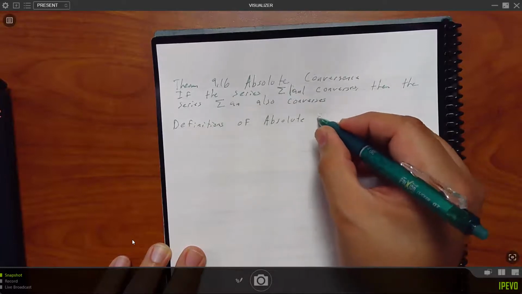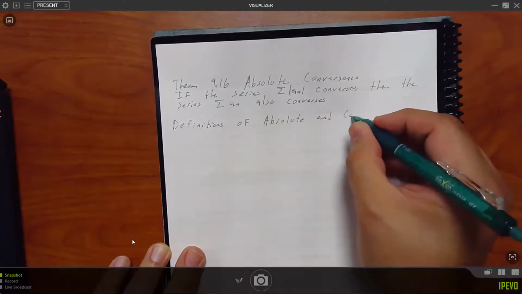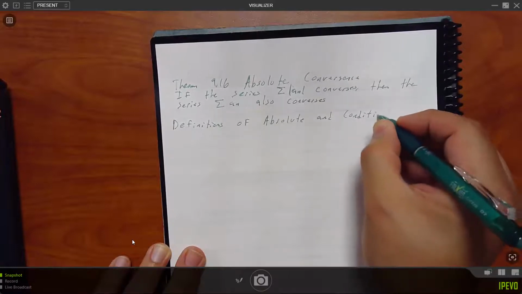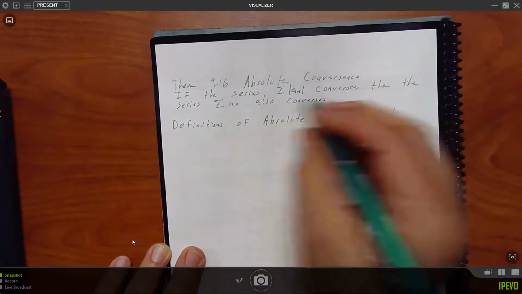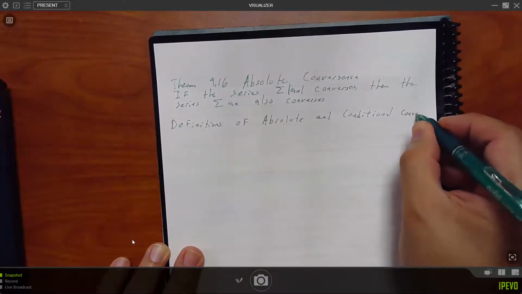Definition of absolute and conditional convergence.